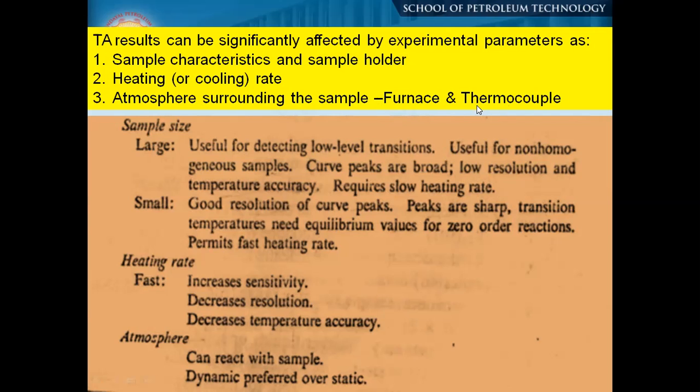The thermocouple should be in close vicinity and properly placed, and the furnace should be properly flushed with purge gas or inert gas flow, so that all the vapors are removed immediately. There should not be any barrier between the sample holder and the thermocouple, so that heat reaches your thermocouple immediately to give you the proper reading. Okay, so this is what we discussed earlier.